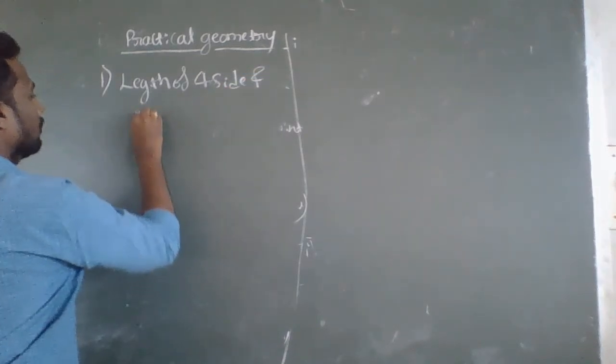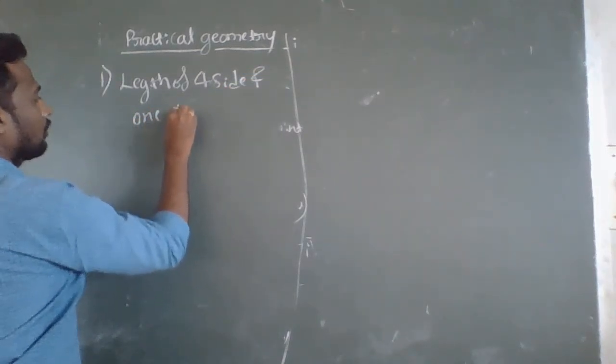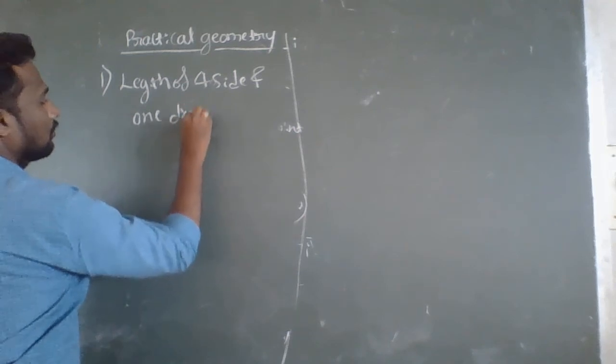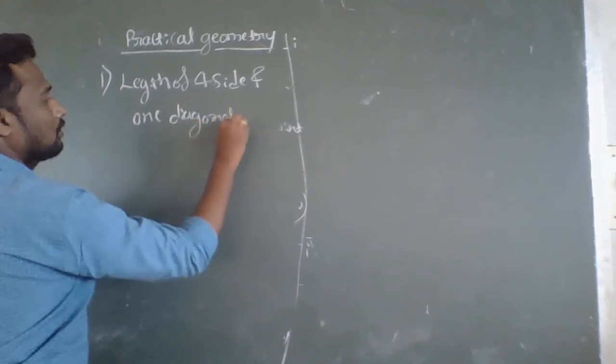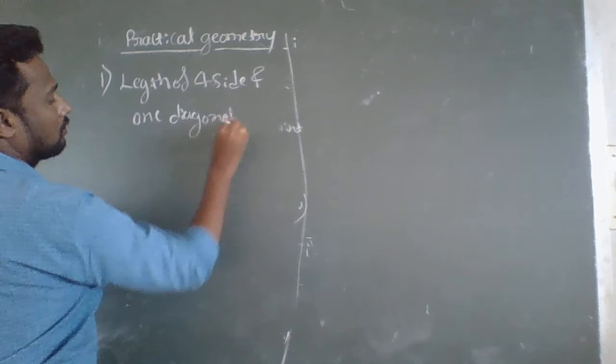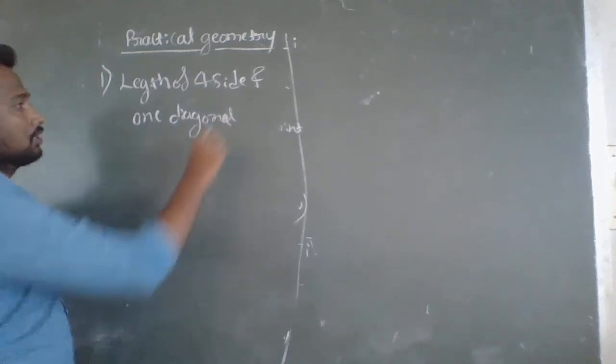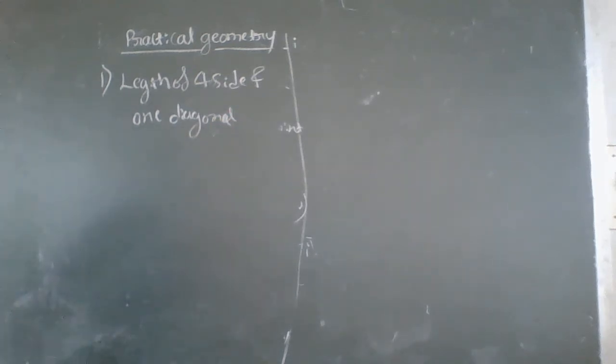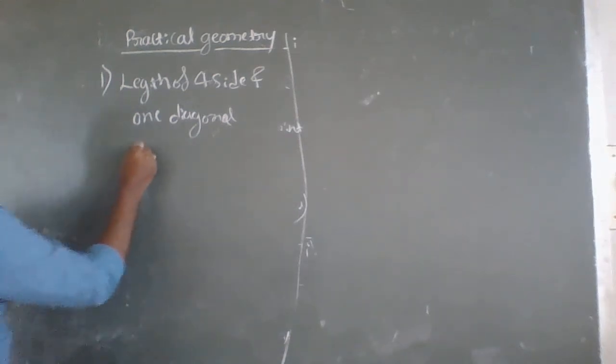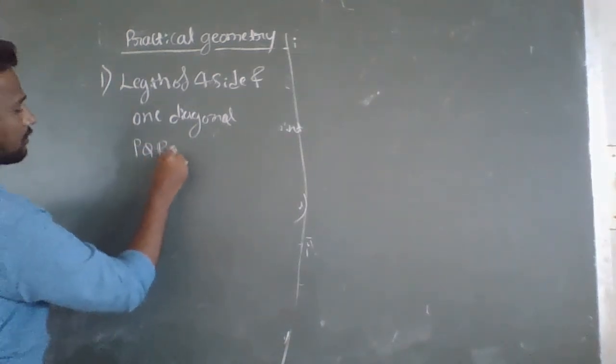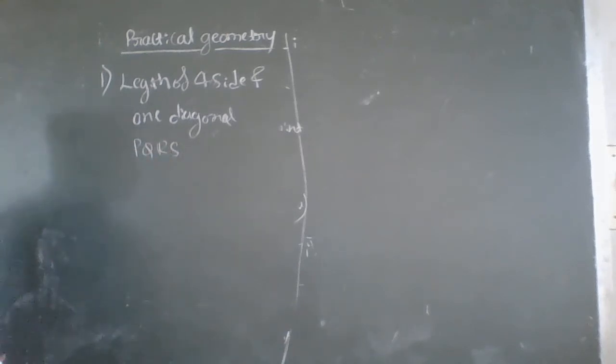For example, consider PQRS is a quadrilateral.